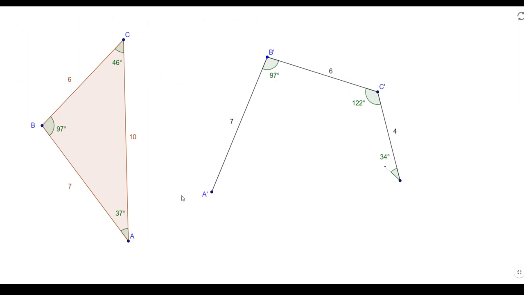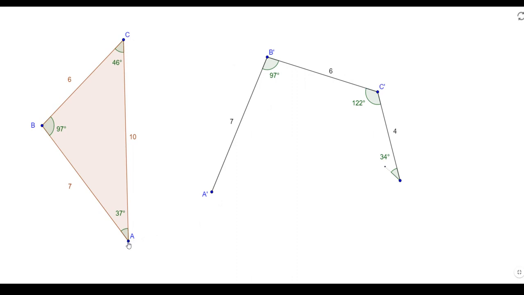This demonstration that we're looking at here is from GeoGebra, and the author is D. Gibson. Comparing this triangle to this figure, we see that we have side, angle, side copied here. AB is 7, A prime B prime is 7, angle B is 97 degrees, B prime is 97 degrees, and BC is 6, B prime C prime is 6.